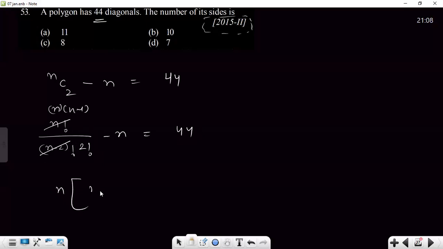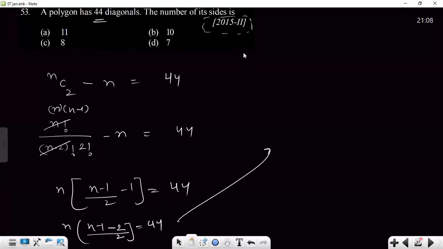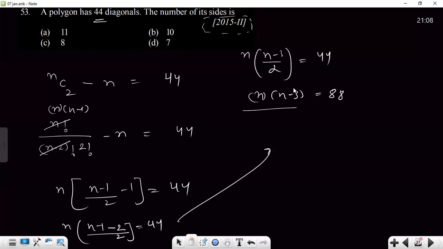Taking n common, n times (n minus 1 by 2 minus 1) is equal to 44. n into (n minus 1 minus 2) divided by 2 is equal to 44. So n into n minus 3 divided by 2 is 44. n into n minus 3 is equal to 44 into 2, that is 88.